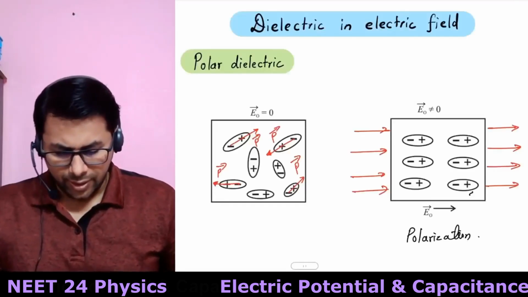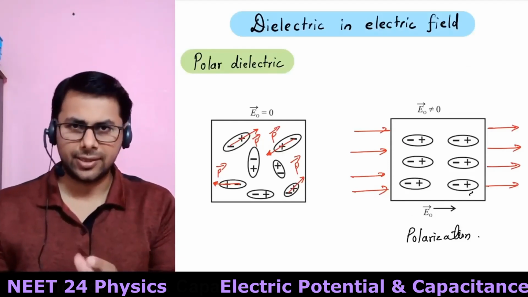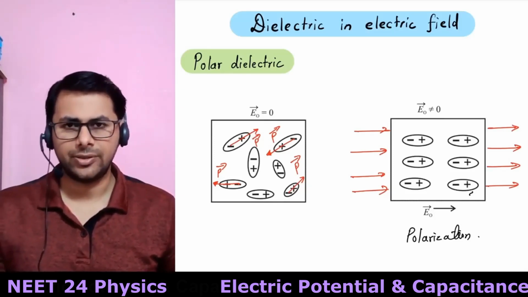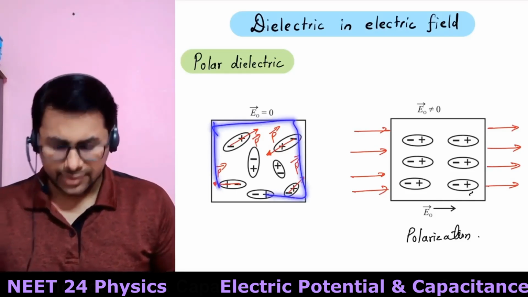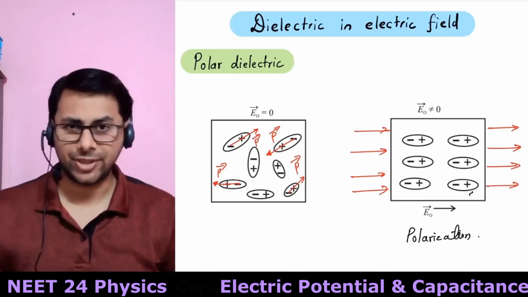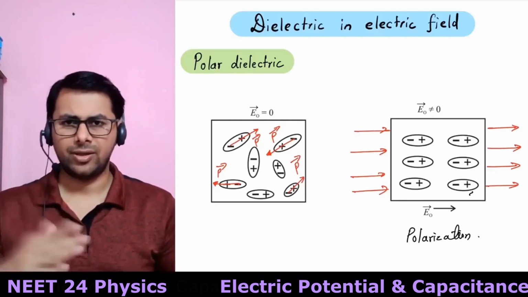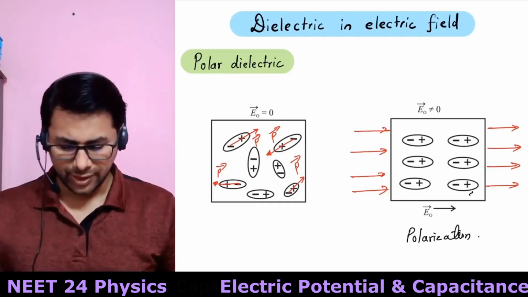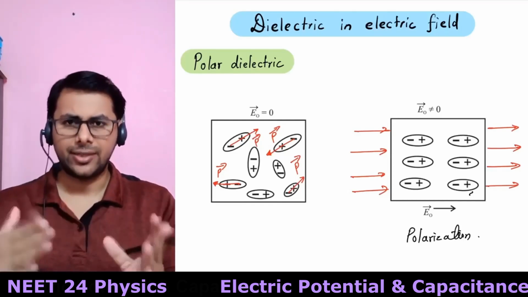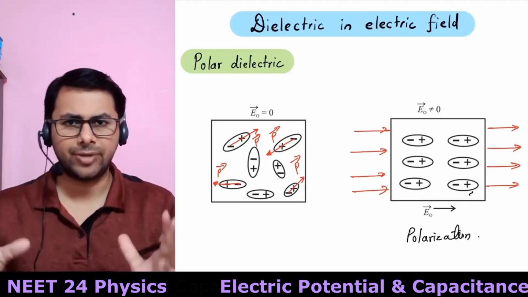Next, suppose this dielectric, polar or non-polar, you keep it in an external electric field, what happens? For a polar dielectric, the individual dipole moments of all molecules will be directed in different directions, because due to their thermal energies they keep on moving, or vibrating.